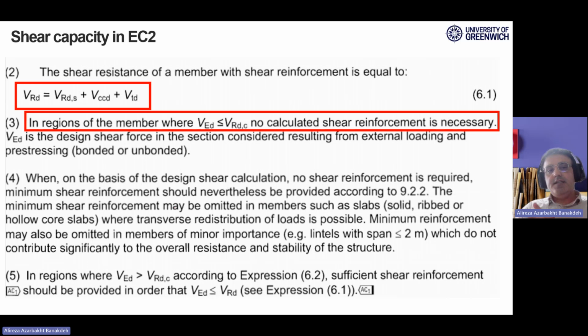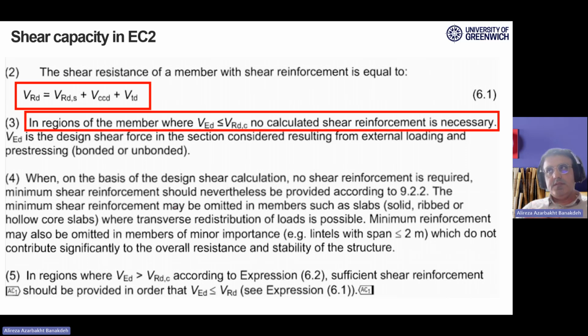The general idea is that a part of the shear force can be carried by concrete, and another part, the rest, can be carried by steel. This is the common practice in most of the codes around the world, like the American code, ACI.